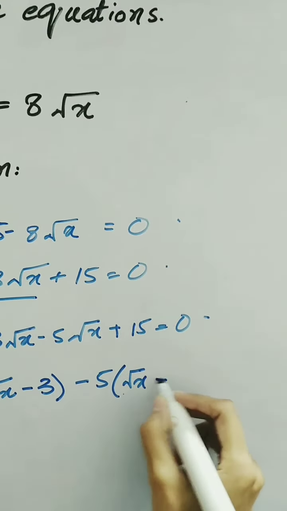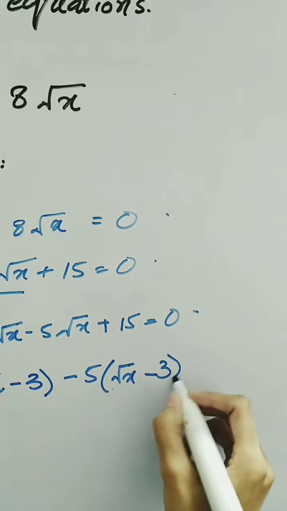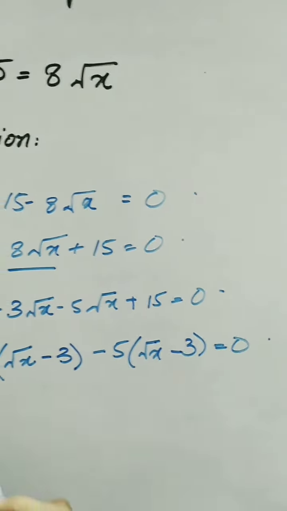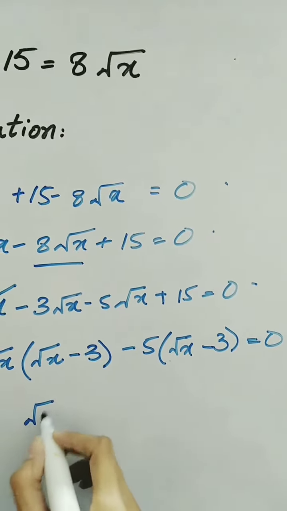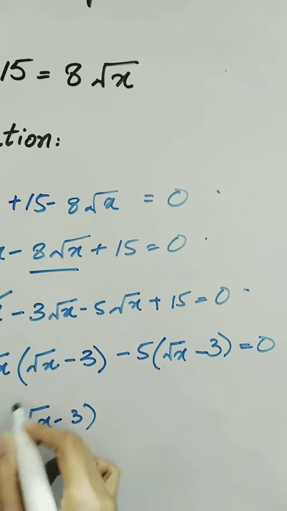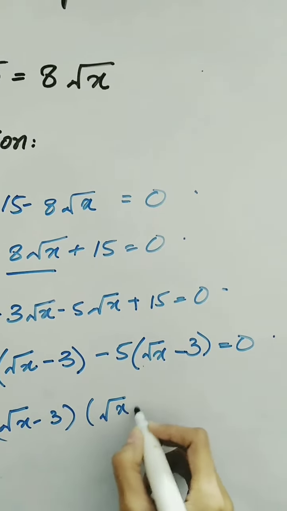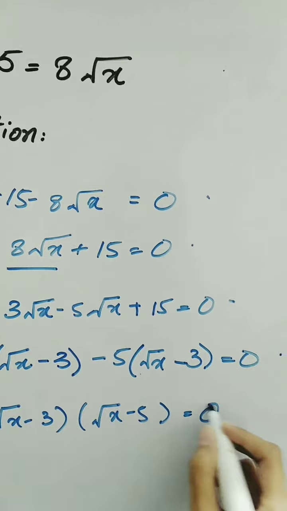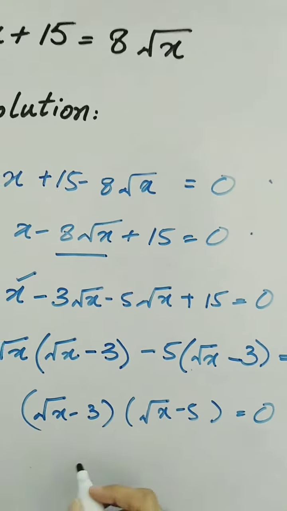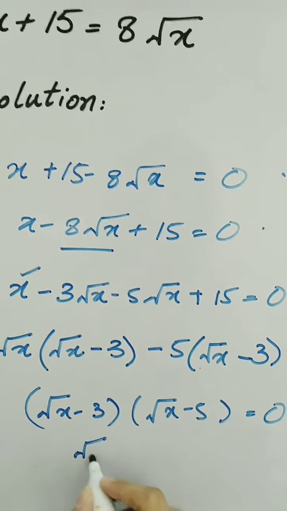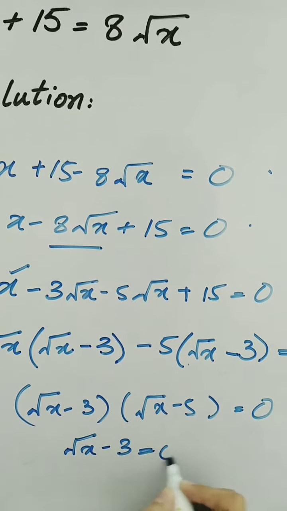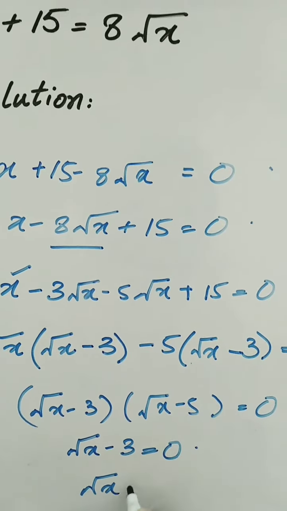Again we have root x, minus, and 5 into 3 is equal to 15. So we have root x minus 3 and root x minus 5 as factors.